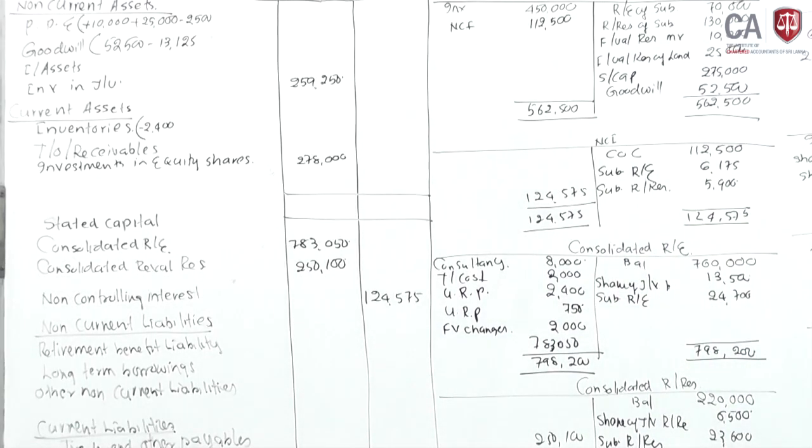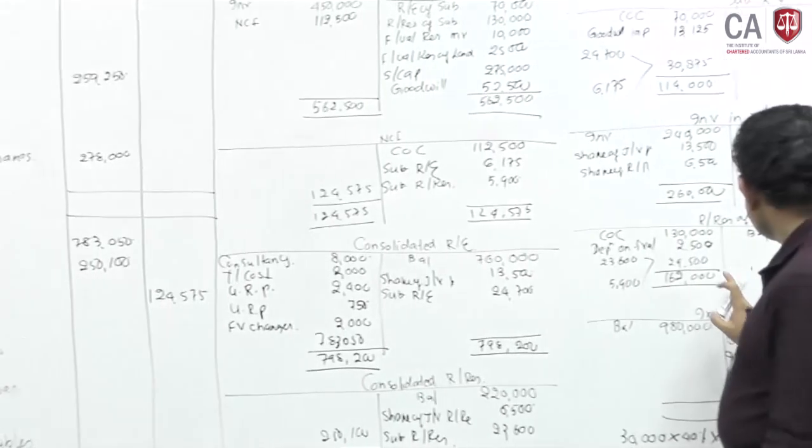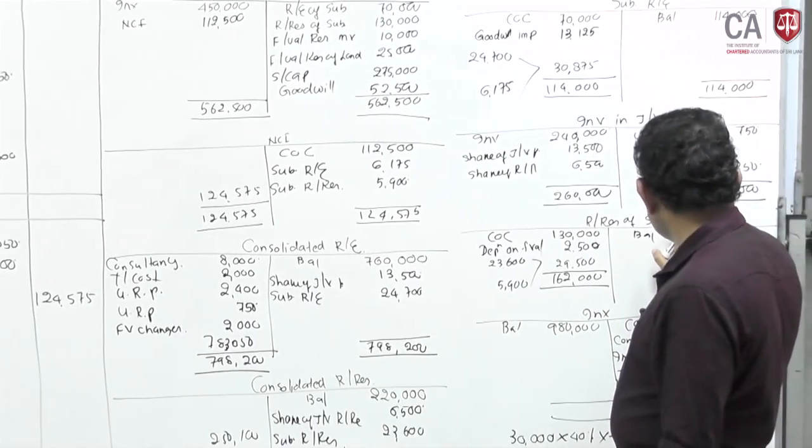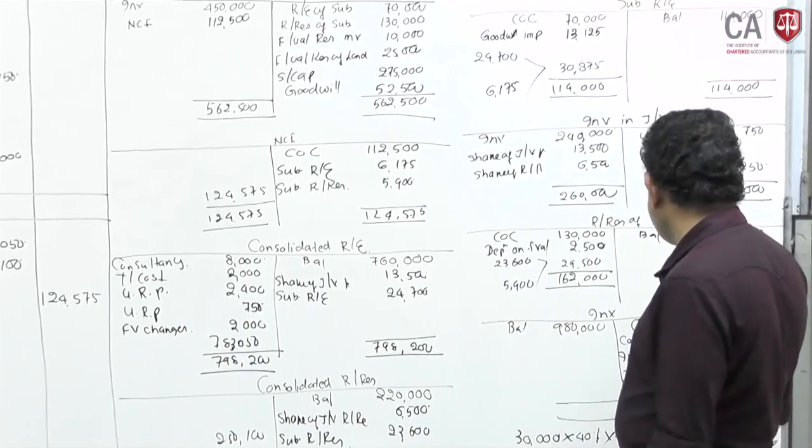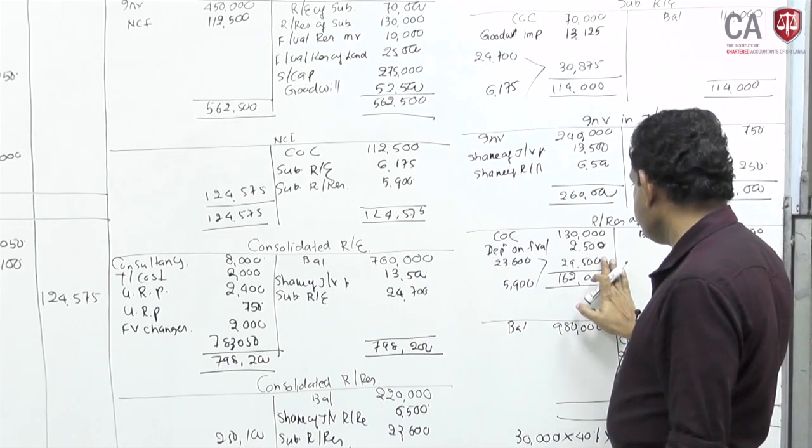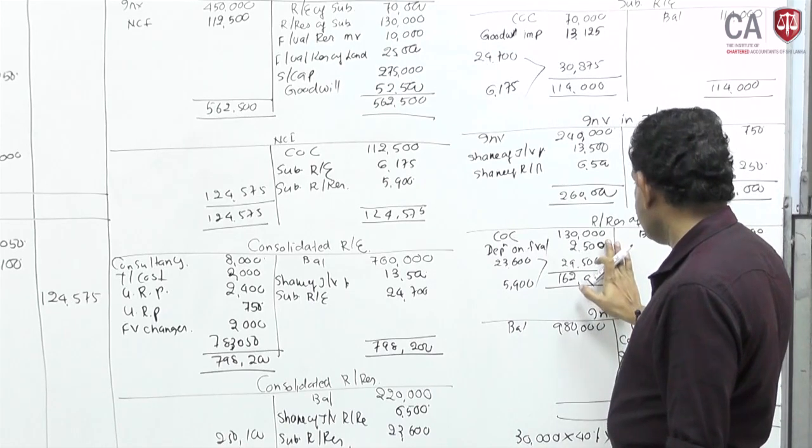Here there has to be a correction to be done. Subsidiary company's revaluation reserve, the balancing figure, I have made a mistake.